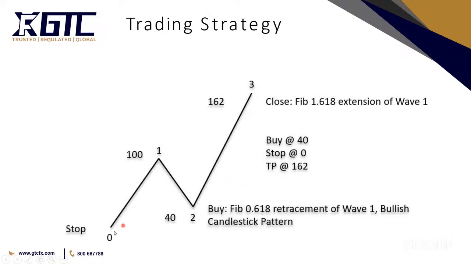Let's say wave 1 is 100 points, and wave 2 is at a 61.8% Fibonacci retracement of wave 1, so the price will be around 40. 62 points less 100 is almost 38, so it's 40. So buy around 40, stop loss below 0, and the target is 100 multiplied by 1.618, which is 162. So it's as simple as that.